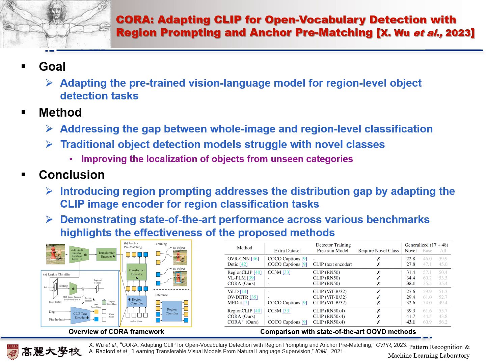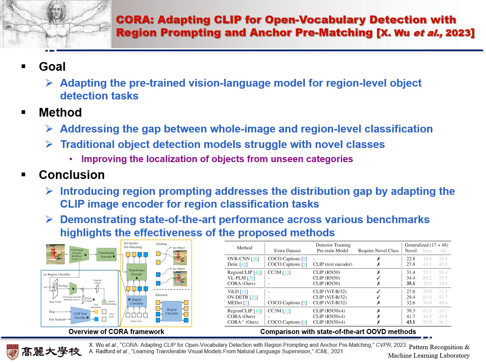Next is a paper presented at CVPR in 2023, which proposes a novel approach to address the problem of distributional mismatch and the difficulty of detecting objects in new categories when applying a traditional image-level classification model to the task of region-level detection.